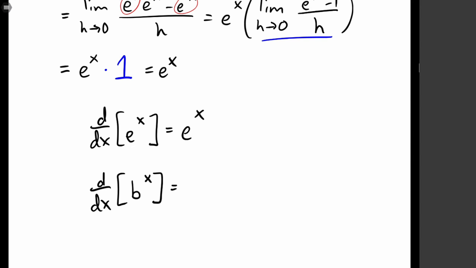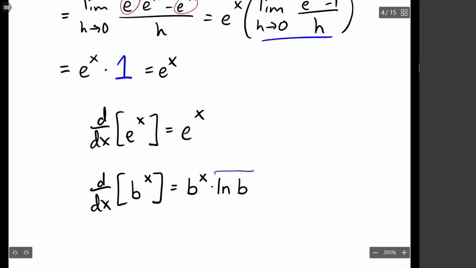Well, we'll talk a bit later why this works out, but it'll turn out that the derivative of b to the x kind of looks like our exponential function up here, except we get one extra thing, and this is why we talked about the logarithm: times ln of b.